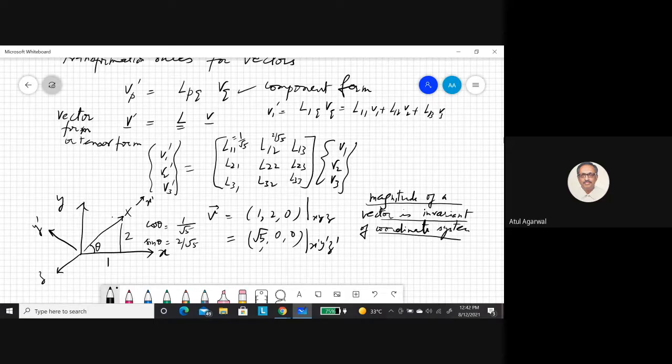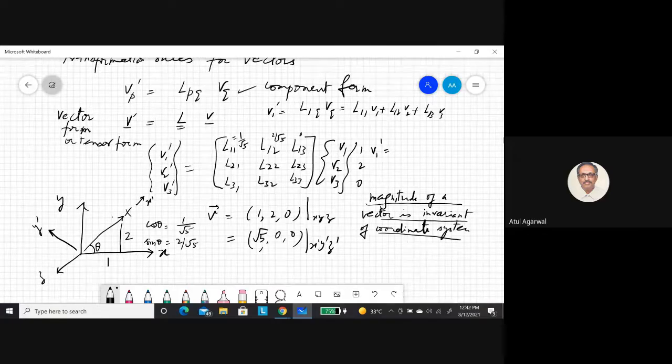Okay. Since we are calculating v1 prime only, I don't need the others. L13 is 0. Now I am using this. My V1 prime is just the dot product of this row with this column. V1, V2, V3 were 1, 2 and 0.